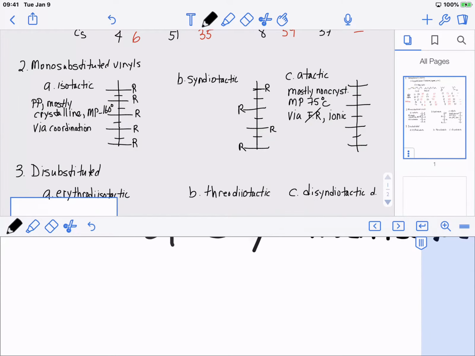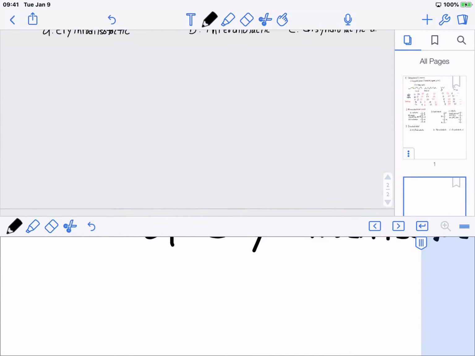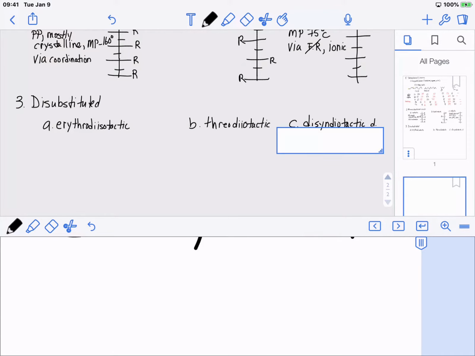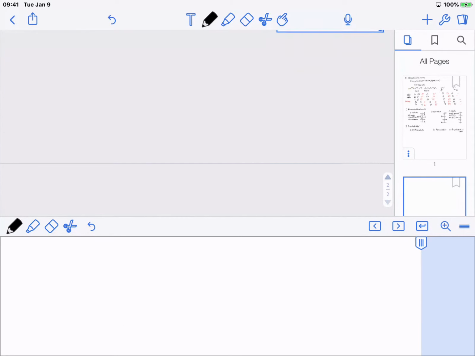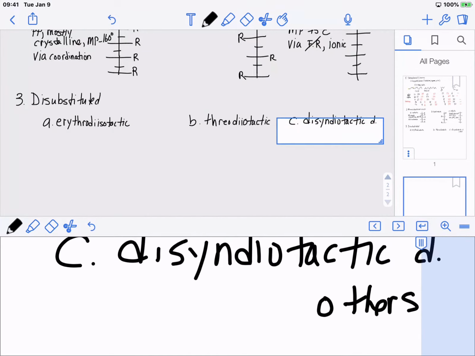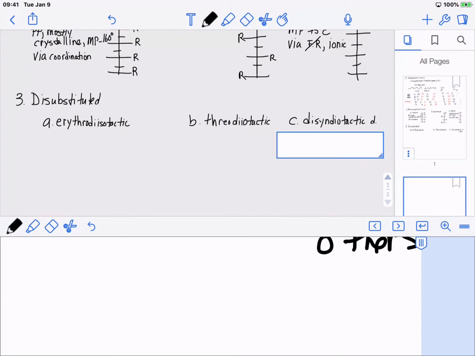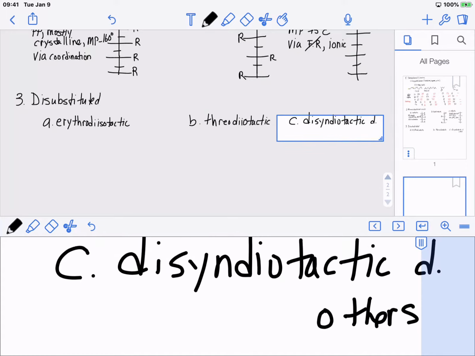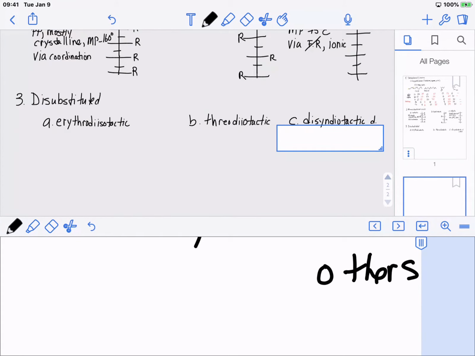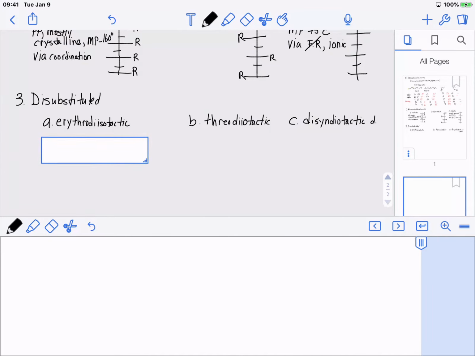And then there's D here, which is others. Where did others go? Sorry, I see others down here, but I don't see it up there. Oh, there it is. Okay. Weird. Something's fishy. Oh well.